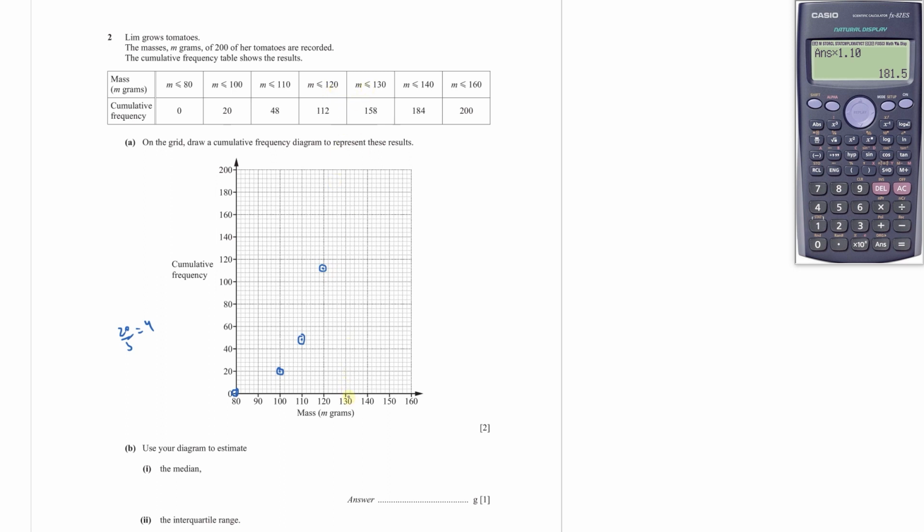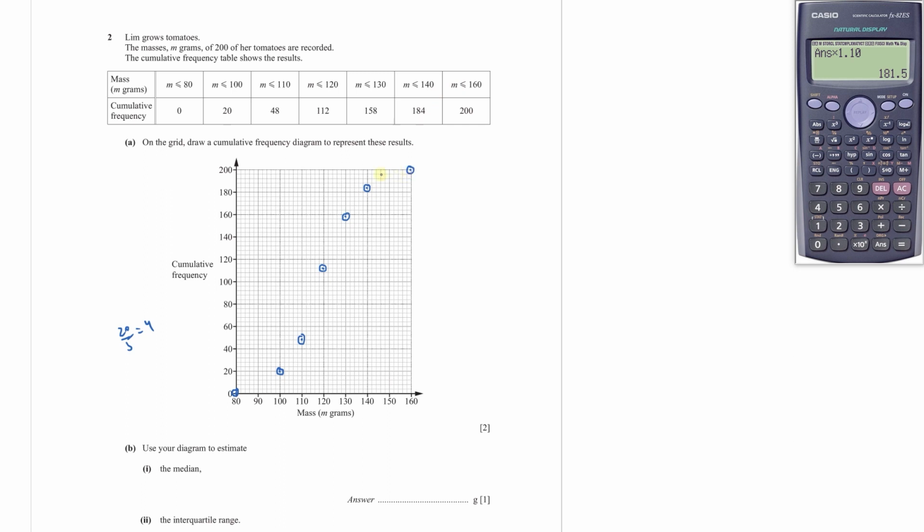130 and 158. 130, 140, 144, 148, 152, 156, and then 158 will be here in the middle. 140 and 184. 140 and 184 will be this. And then 160 and 200 will be this value.